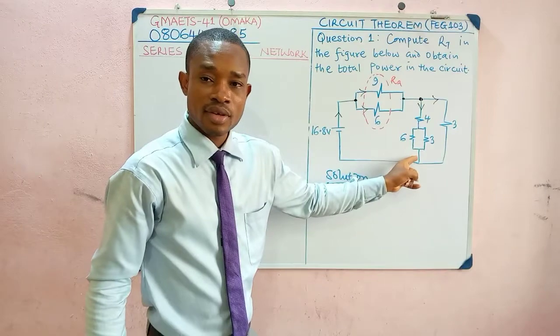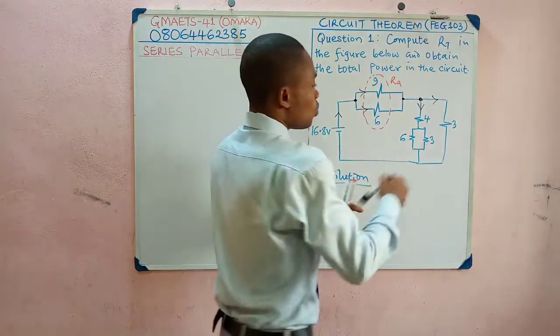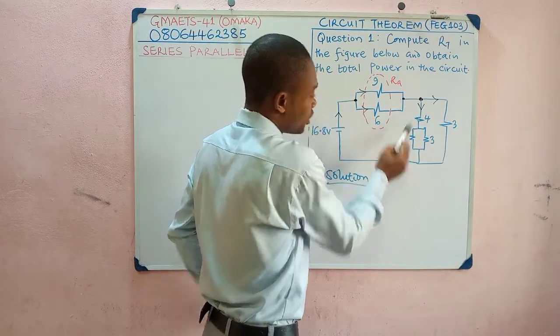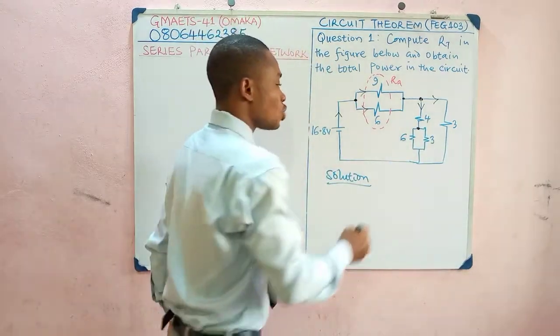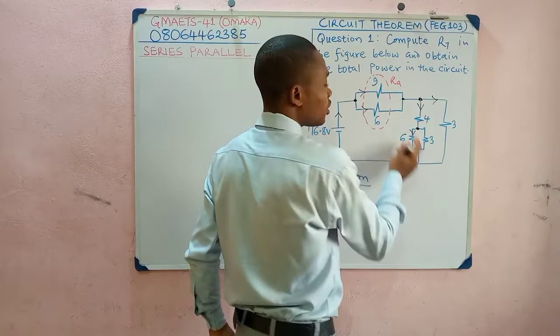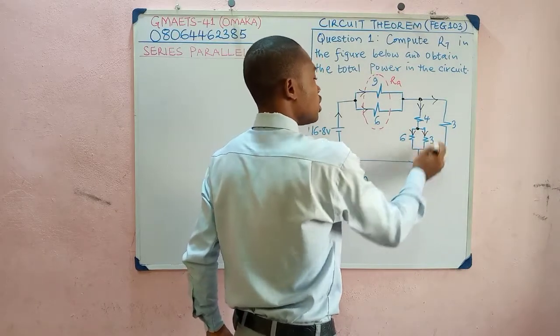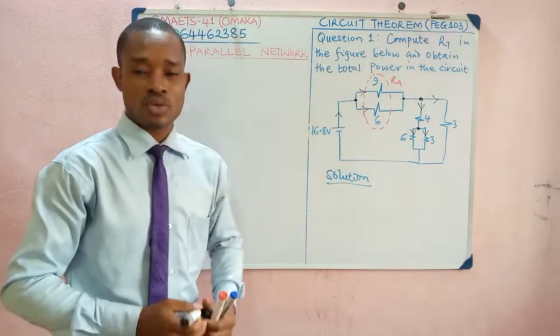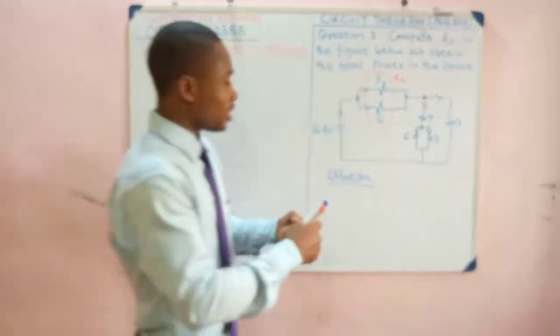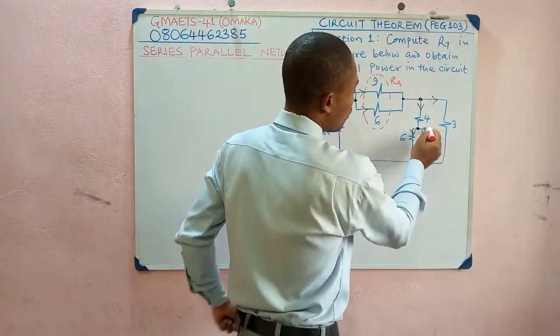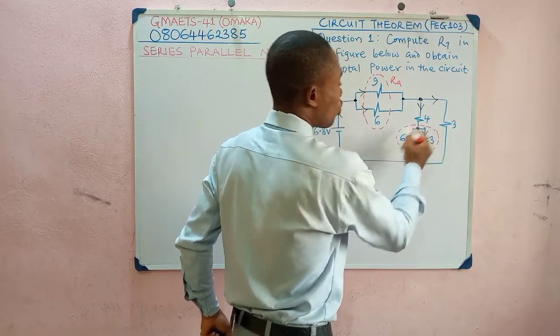Is that okay? Now, when the current that is entering this 4 ohm resistor get to this point, again it will split into two. One will go through this 6 ohms resistor, the other will go through the 3 ohms resistor. You see how the thing is moving, right? Which simply tells us that these two resistors are in what?